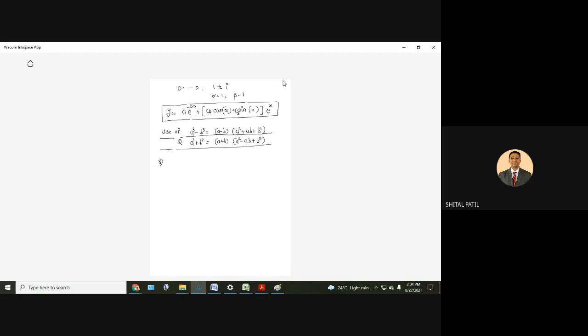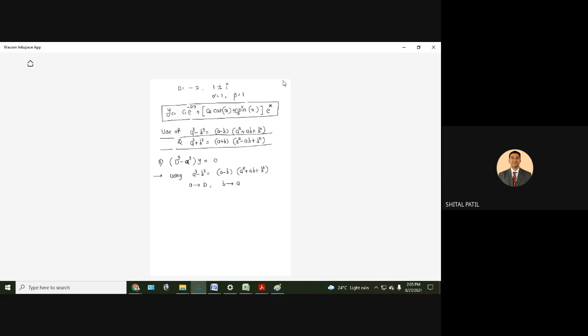I think example number 8. D cube minus A cube y equal to 0. So using A cube minus B cube, what is A here? D. What is B here?